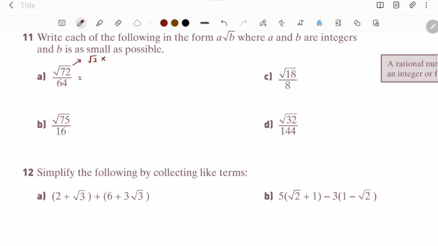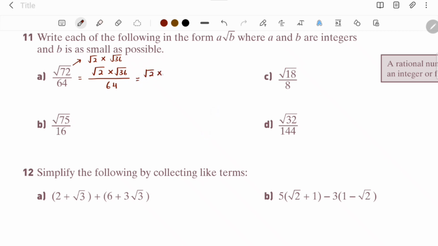So 72 if you divide it by 2 you should get 36. So square root of 2 times square root of 36 over 64. Surd 2 you cannot further simplify.